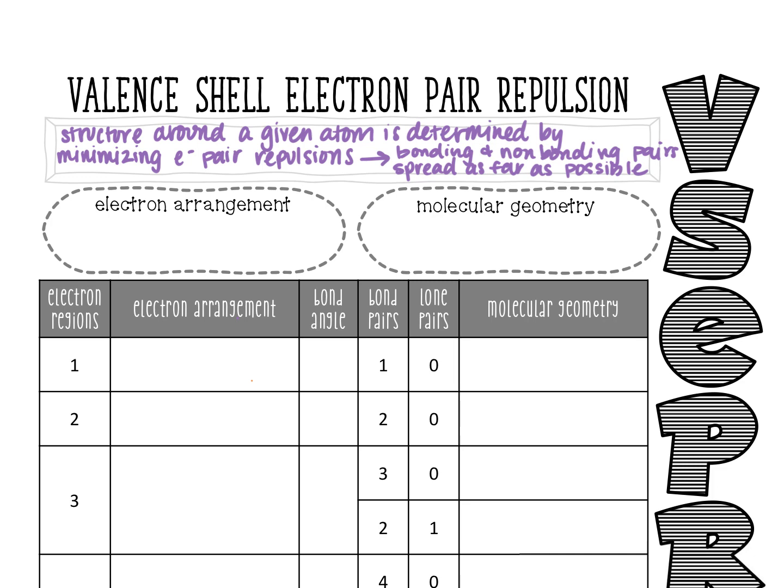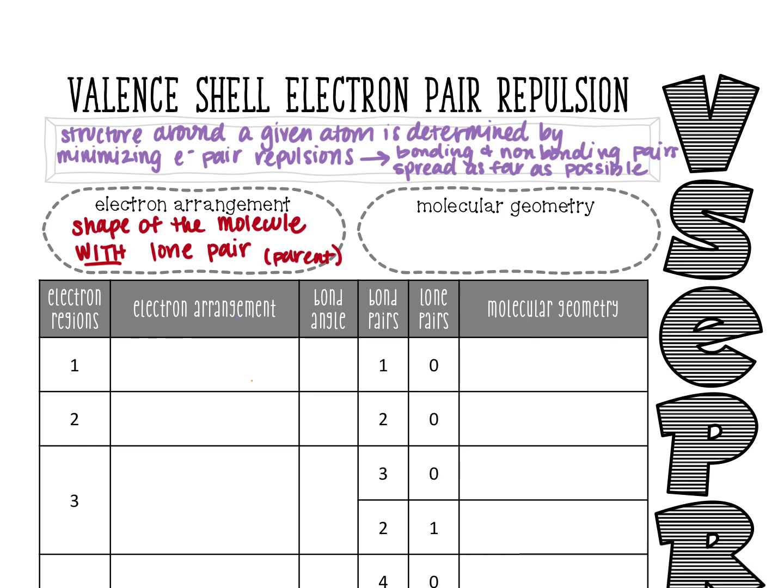And when we look at these molecules in 3D space, we have something called the electron arrangement and the molecular geometry. So the electron arrangement is the shape of the molecule when you include the lone pairs, sometimes referred to as the parent shape.